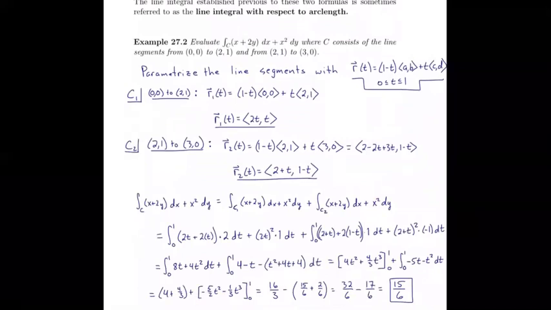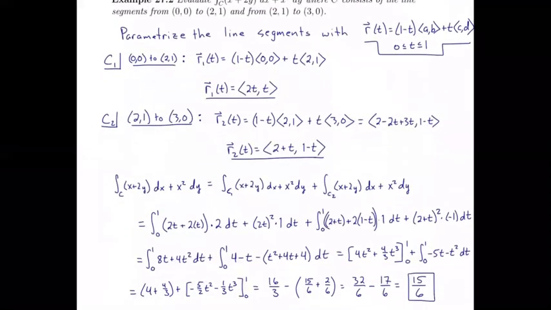This function is entirely in terms of t in each integrand. And we can combine them if we like. It really won't matter since the limits of integration are the same and the variable of integration is the same. That won't usually be the case, but in this case it could be. We've kept them separate because that's the general procedure anyway. Find antiderivatives with respect to t of each of these functions.